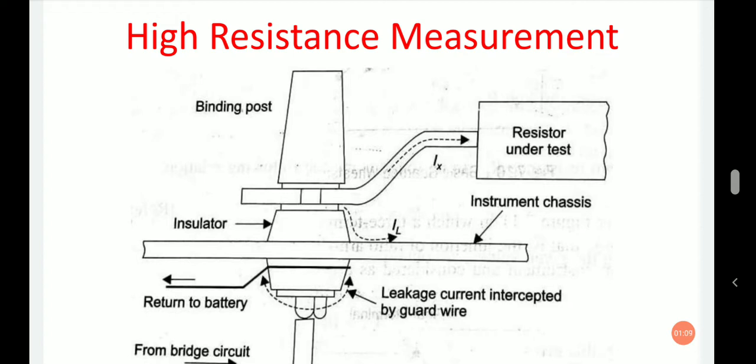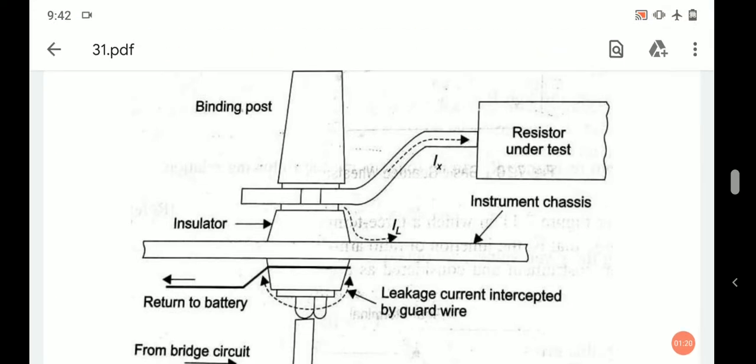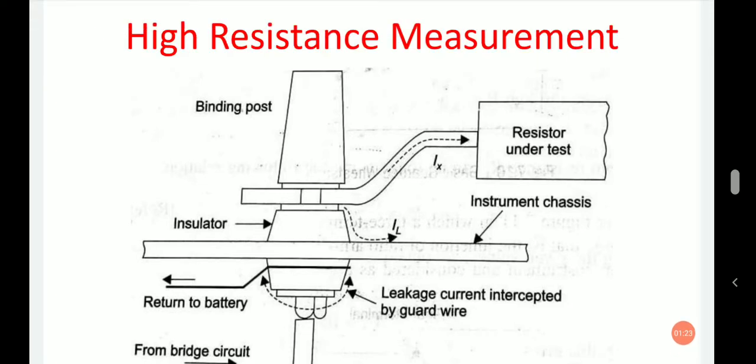It is difficult when a leakage current gets induced in the instrument, or at the binding post connecting the component to the instrument, or in the component under measurement. This leakage current depends upon the atmosphere, and hence it varies with the humidity condition.